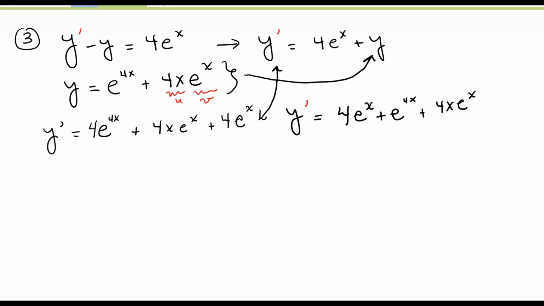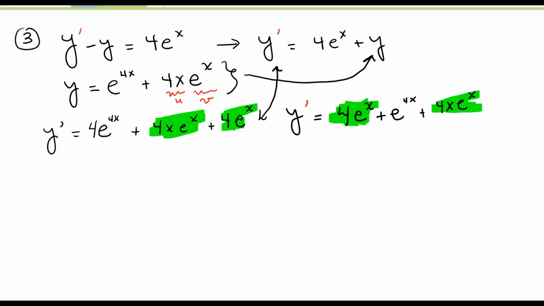So let's see what we've got here. We've got 4e to the 4x, and I don't see that at all. So that should be a big hint. I've got 4x e to the x, that checks off. I've got 4e to the x, that checks off. But what doesn't check off is the e to the 4x and the 4e to the 4x.